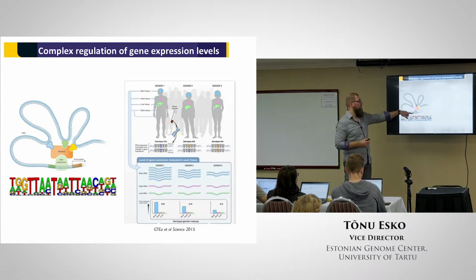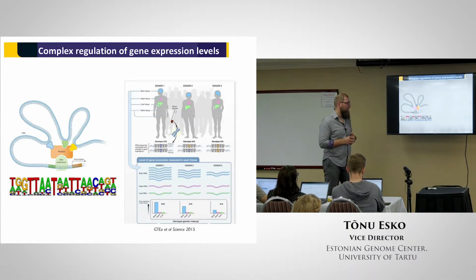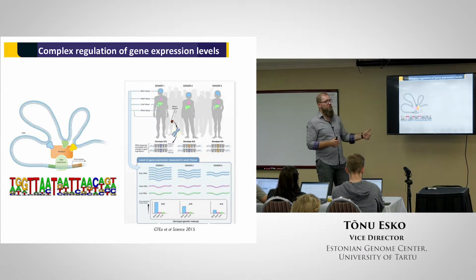And why do most of the genome-wide association signals fall into the regulatory regions? It is because there is much more plasticity of the genome and much more plasticity towards the environment. If you are switching off or on a gene completely, it's completely different. It's not very plastic.